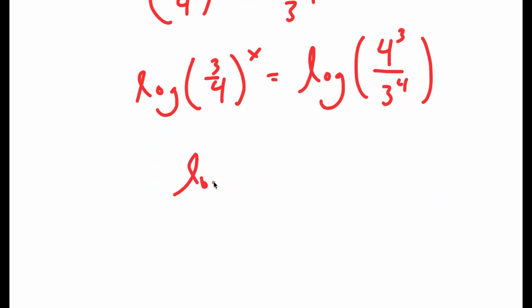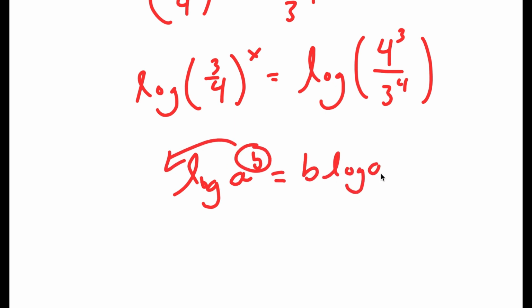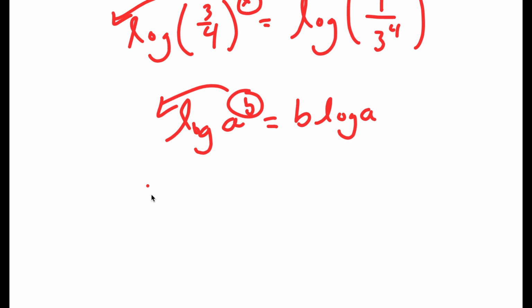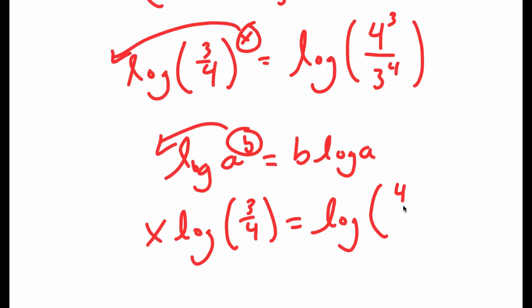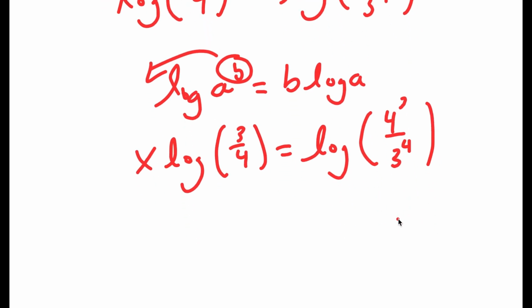Now if I have something in the form log a to the power of b, I can move this exponent b to the front. So it's going to equal b times log a. So in this case, I have log 3 over 4 to the power of x. And I can move x to the front. So I get x times log 3 over 4 is equal to log 4 to the power of 3 over 3 to the power of 4.